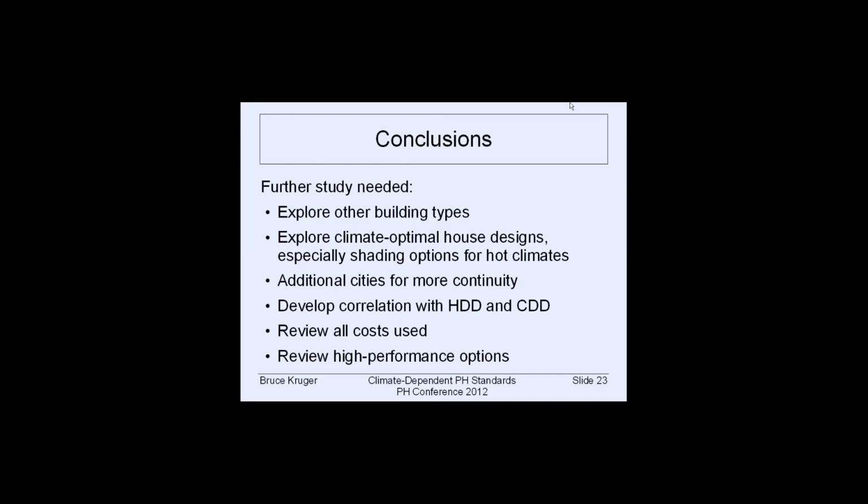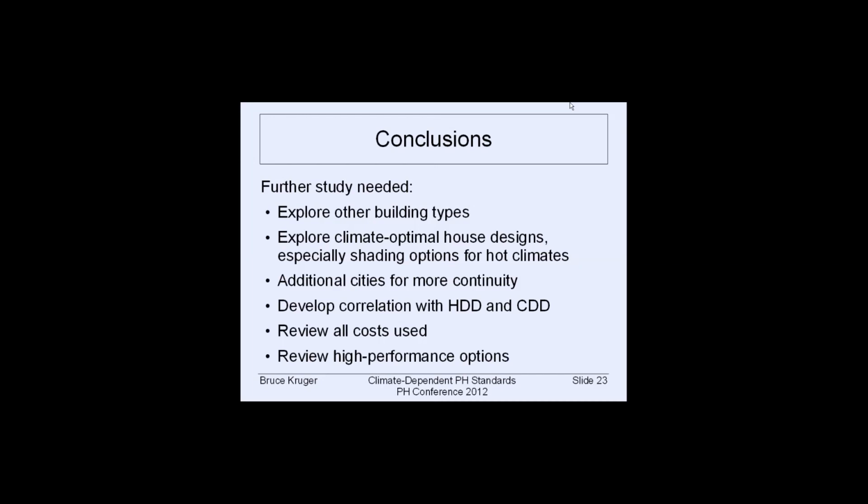If you look at the different preliminary standards for different climate zones or cities, there's a lot of jumps between adjacent climate zones that would have to be addressed. Because what do you do if you're right near the border of 2 climate zones? It's not clear which one you would want to use.